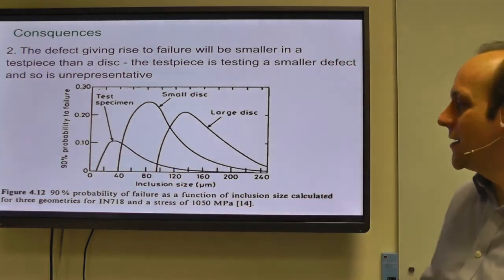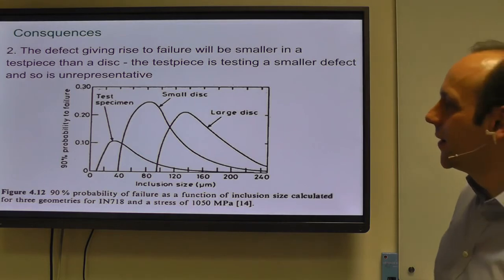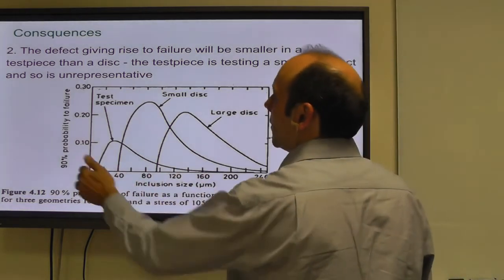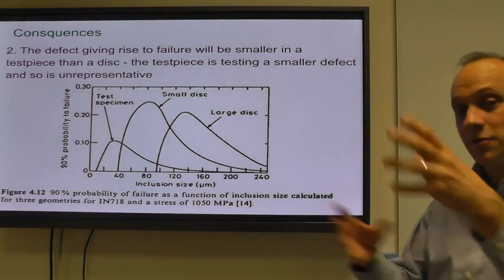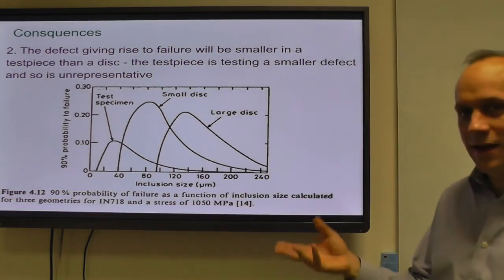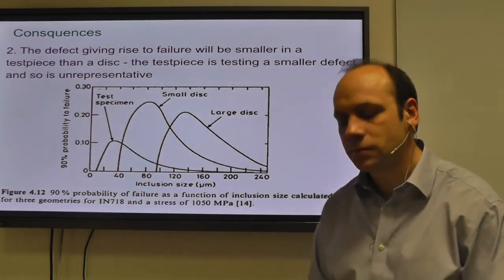This is data for 718 at a stress of 1050 MPa, and this is for a given inclusion size what the 90% probability of failure distribution would look like, given some assumption about the intrinsic defect size distribution.